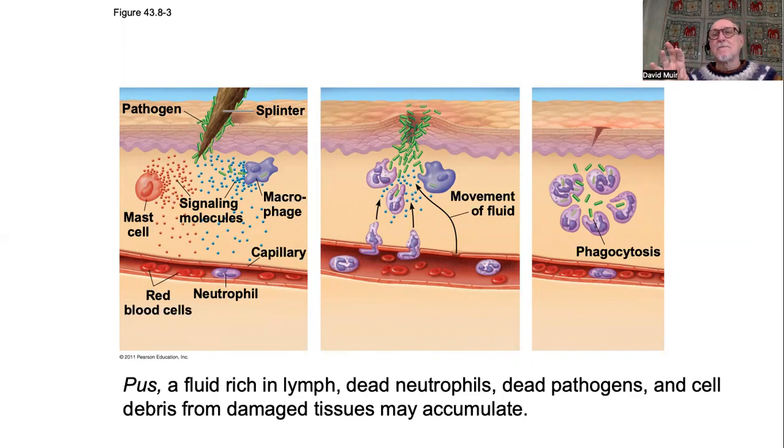The mast cells are cells which are present throughout our tissues, all throughout our body. They have a very particular characteristic, and that is, in response to damage, in response to the presence of pathogens, they can release signaling compounds. The most important signaling compound that the mast cells release is called histamine.